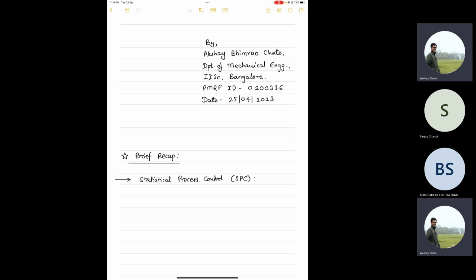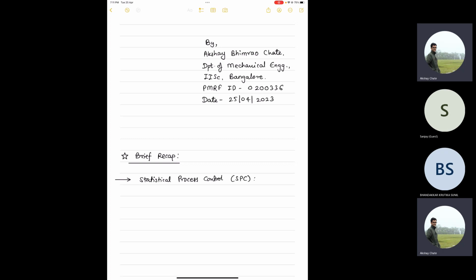It relies on different statistics of data that we collect by running a manufacturing process or any other type of process. And then the last word, control. That means whatever data you have, you use it to control the machine going forward. That is the main crux of this method.